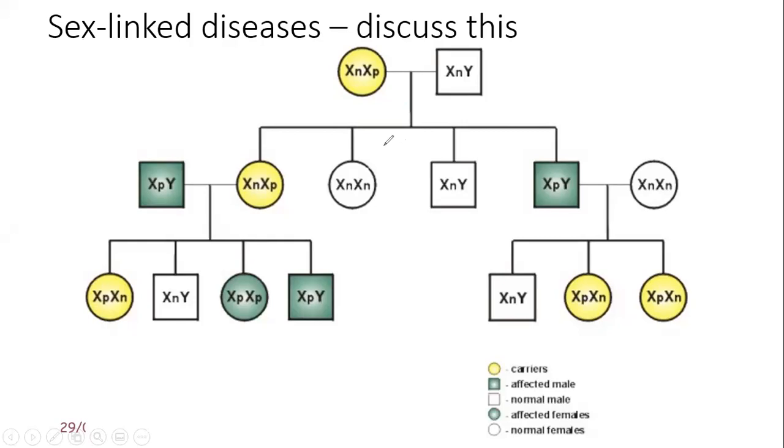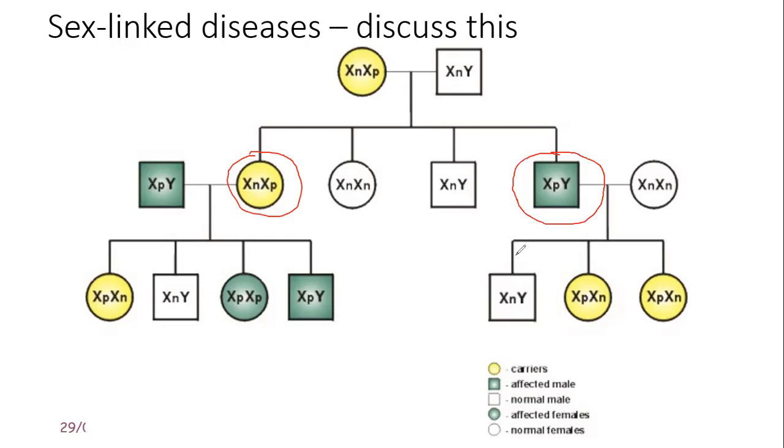What we have up here is a sex-linked disease carried by a female and a male who is normal and not affected by it. They then have a daughter who is a carrier and a son who is a sufferer.